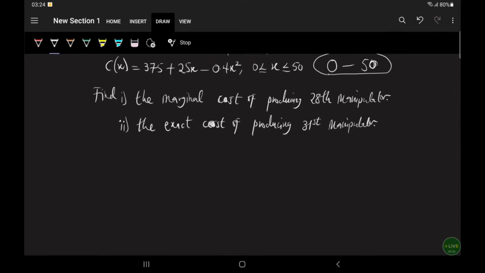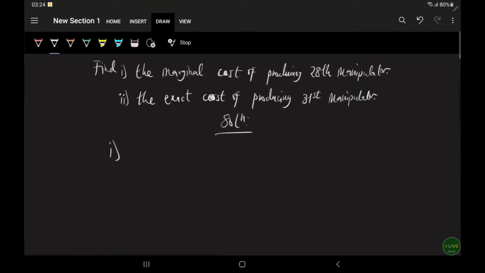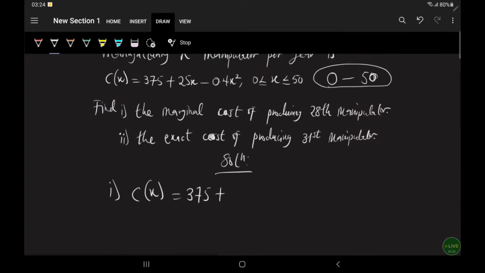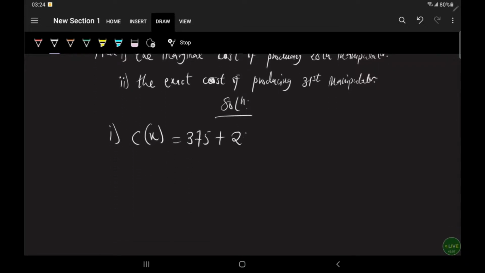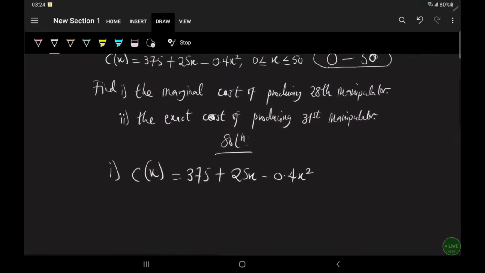So at this point, have your solution here. My cost function was giving us what? 375 plus 25x minus 0.4x squared. I believe that is clear.